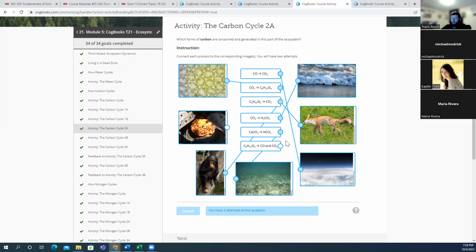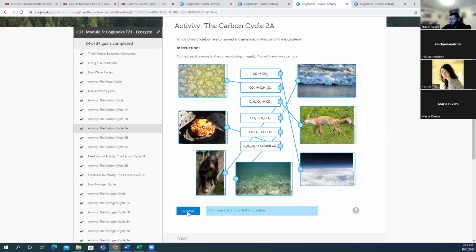And what's another way to break down organic carbon? We said you could eat it. It could be from a dead animal, or exactly from combustion. You can burn it. So this is a picture of, looks like some type of oven or furnace, a fire. And that would be the breakdown here.